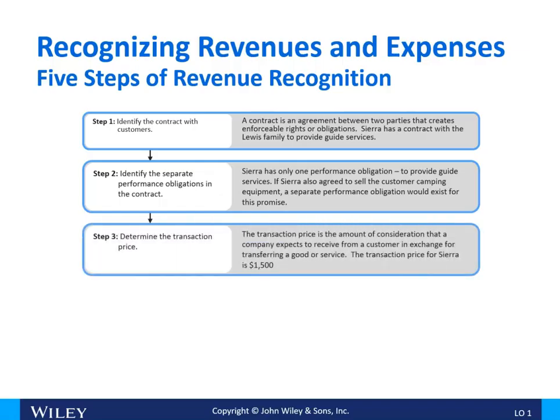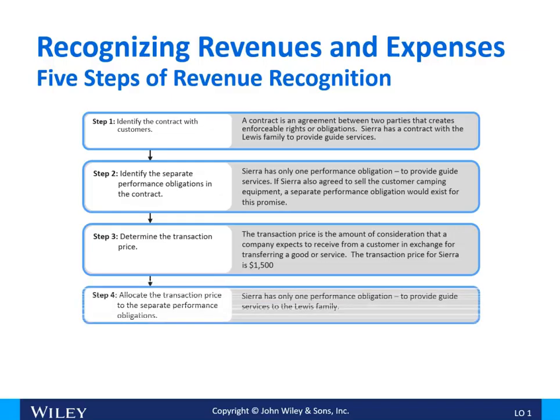Third, determine the transaction price, the selling price or the price of the services in this case. The transaction price here, we're going to say, is $1,500. So they're charging $1,500 to provide the guide service for a particular trip. Number 4, you allocate the transaction price to the separate performance obligations. If there were more than one obligation, for example, guide service and camping equipment, you would allocate the $1,500 to both of those.